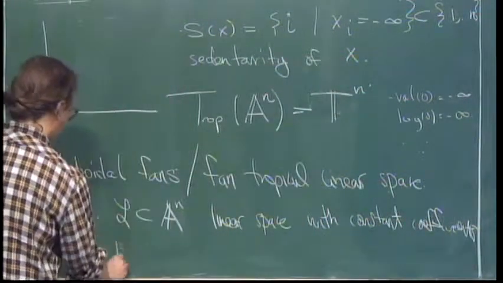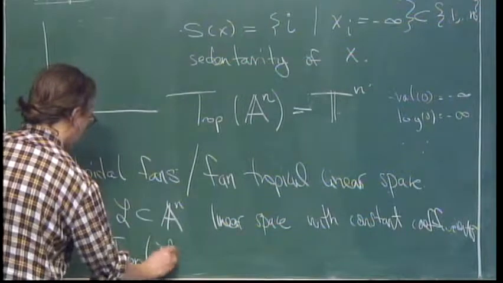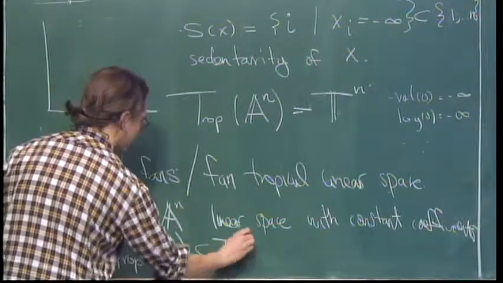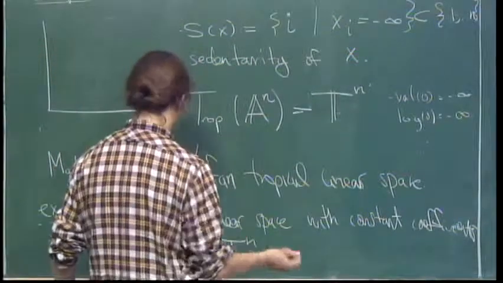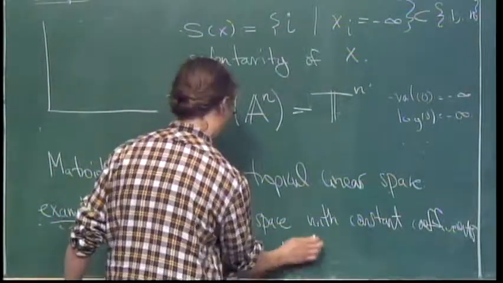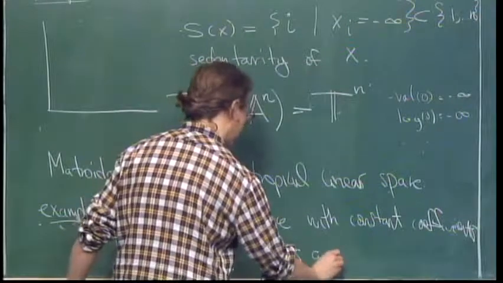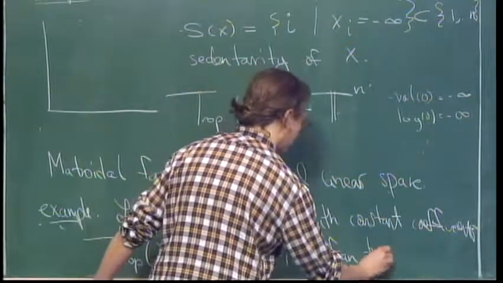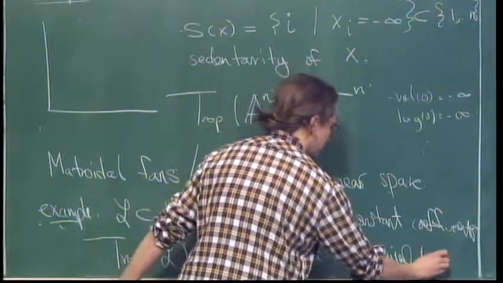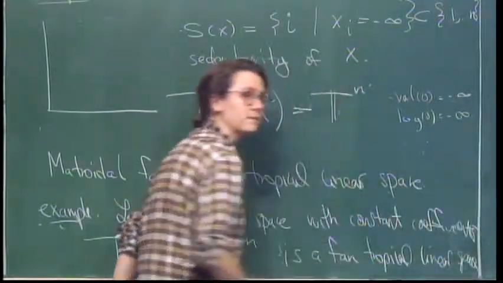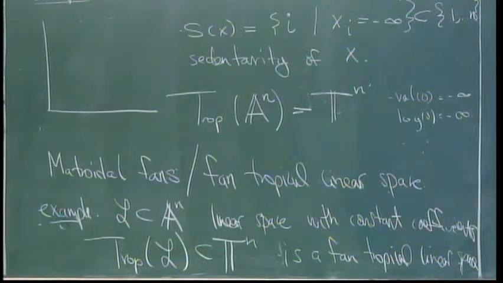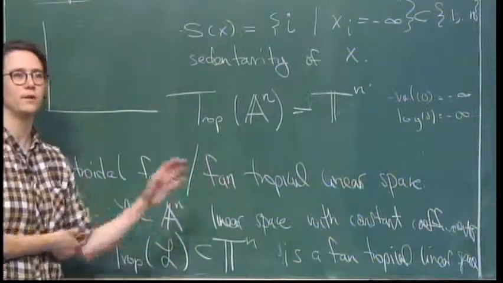So then this trop L, of course, sits here, like I said before, and it's an example of a fan tropical linear space. Actually, it turns out that any tropical linear space locally is a matroidal fan, so it's a fan tropical linear space.